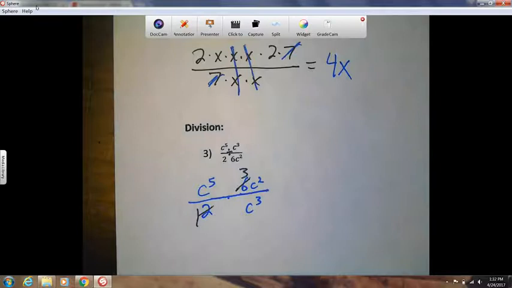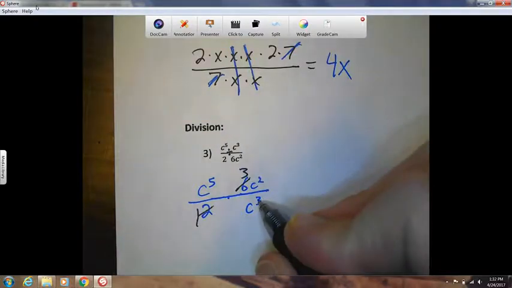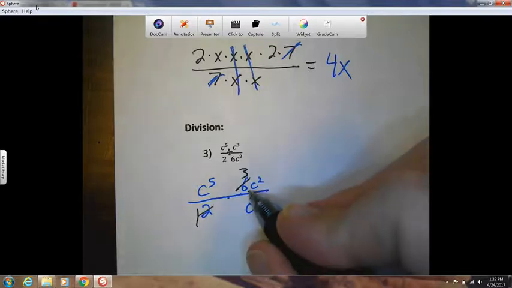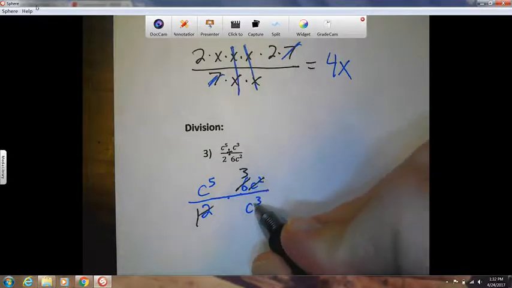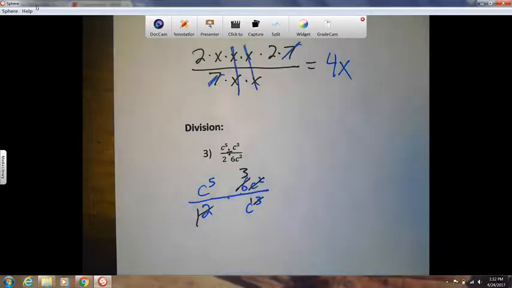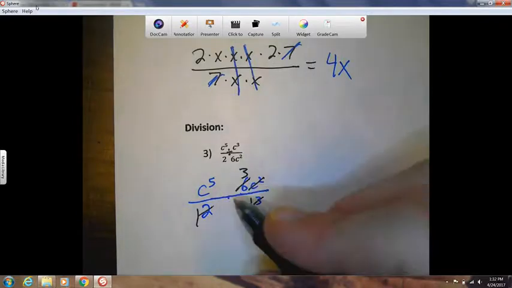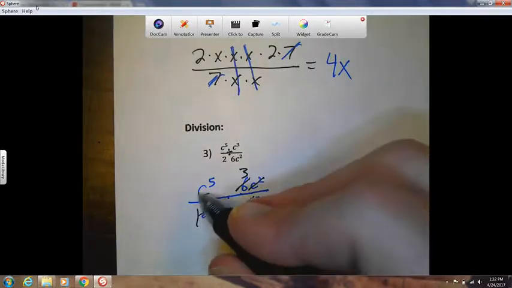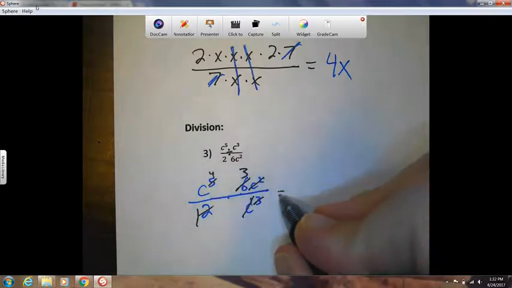I have c to the third and c to the second. So here's 2 c's. And I'm going to take 2 of those away, so I'm left with 1. And I still have c there and c to the fourth. So 3c to the fourth.